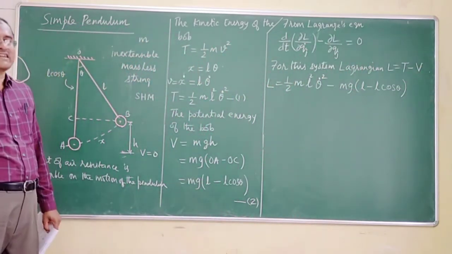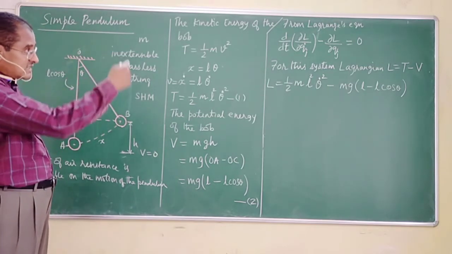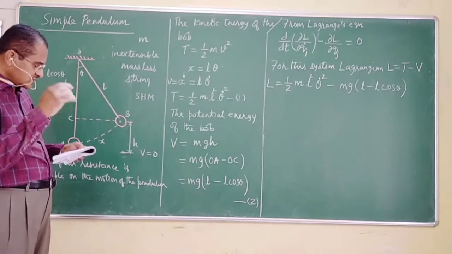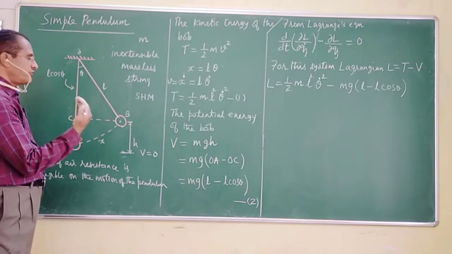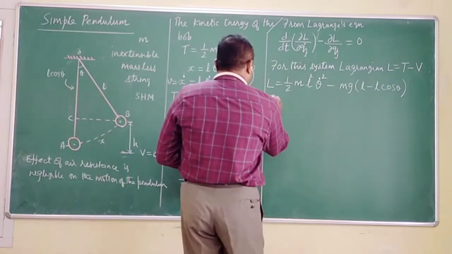We have written the Lagrangian here, right? Now, the Lagrangian general equation has to be modified to fit our system. How do I write that?